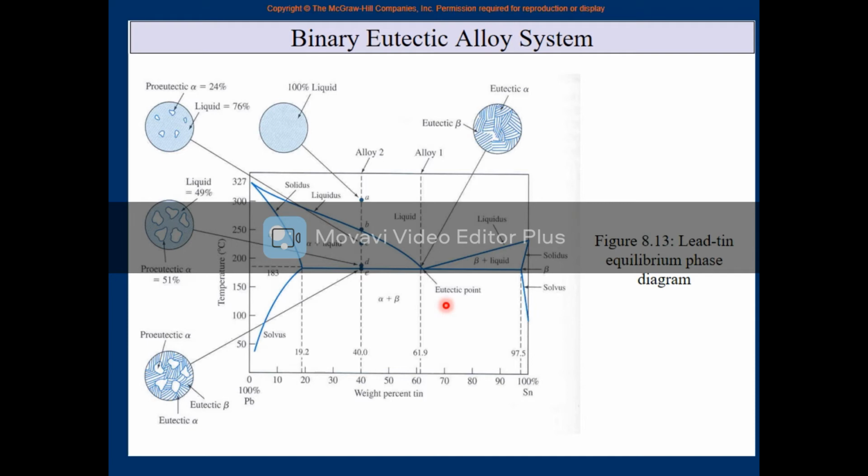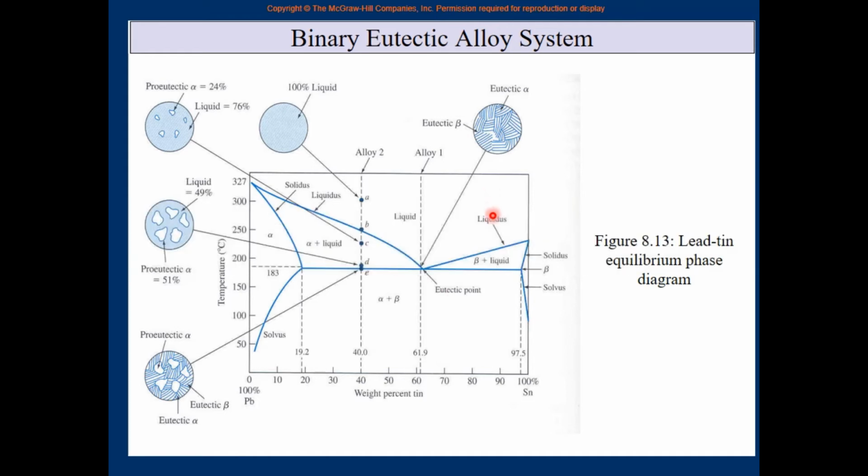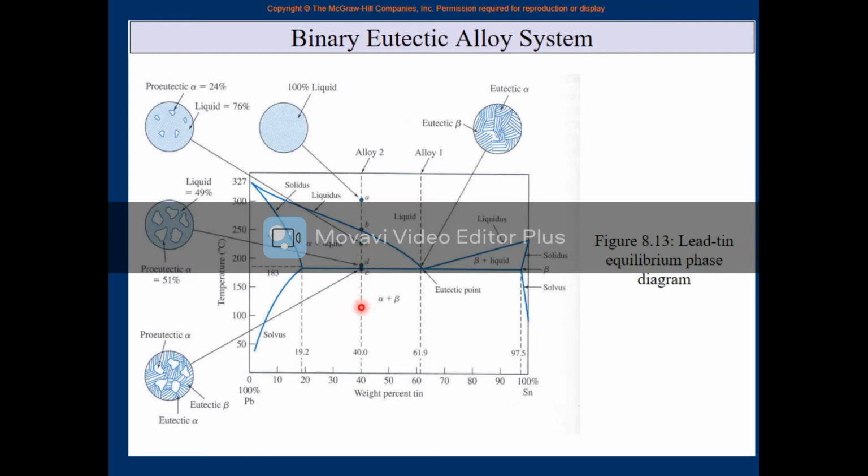Eutectic reaction, right? At any other point, if I am here, it is liquid, then it will become beta plus liquid, which is liquid and solid, and then it will become solid. If we are anywhere here, it will become liquid, liquid plus solid, and then solid, right? But at this special point, it will become liquid to directly two solids.